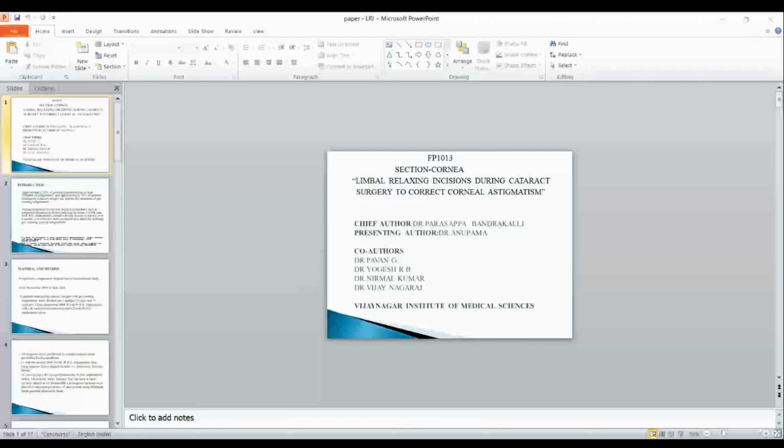In other studies also, there is significant reduction in the mean preoperative astigmatism. Coming to conclusion, limbal relaxing incisions performed during cataract surgery are an effective and stable procedure to reduce preoperative corneal astigmatism.